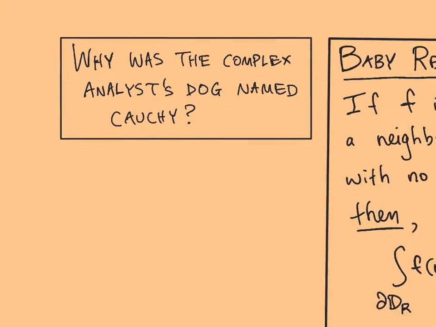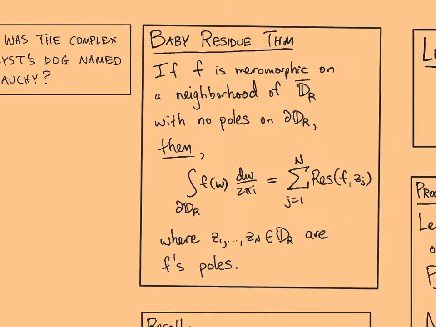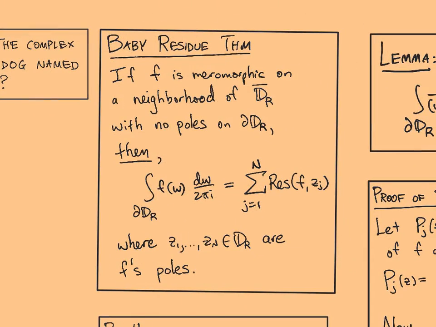But first, let's get into what I'm calling the baby residue theorem. It's really just the residue theorem on circles, and we'll do something more general later. Let's assume that we have a function f, which is meromorphic on a neighborhood of the closed disk of radius r centered at 0, and we want there to be no poles on the circle of radius r.